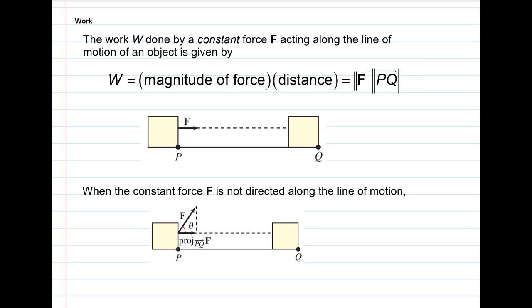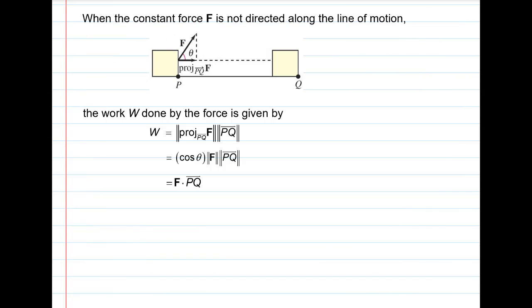In other words, the projection of the force vector F onto the vector PQ. So rewriting our formula, instead of using the magnitude of the force, since it is at an angle, we're going to use the projection of that force onto PQ times the distance, which is the magnitude of PQ.